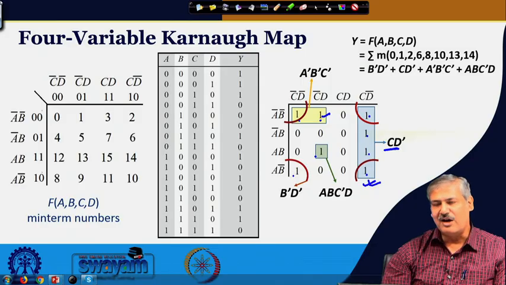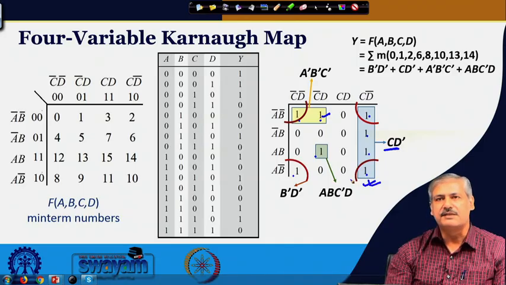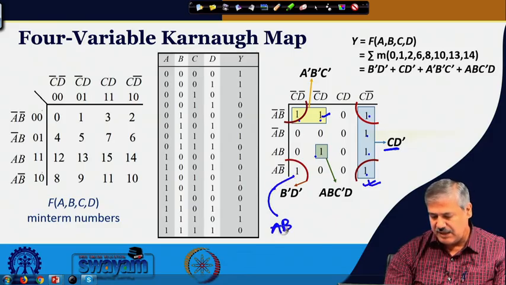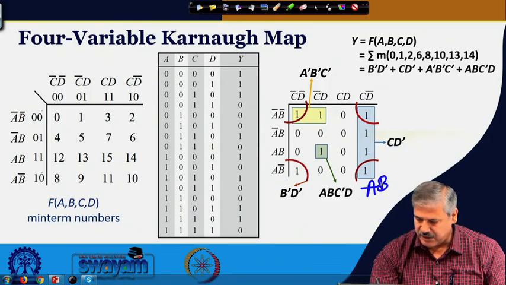Now, comes the interesting part, which I was saying. While these are evident, we need to take note of the ones that are in the edges. In the edges, this particular location is A, B bar, C bar, D bar, and the other one is A, B bar, C, D bar.